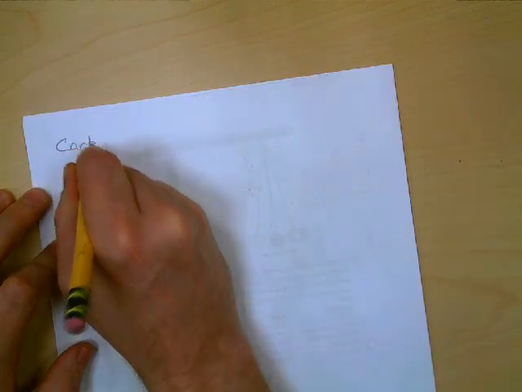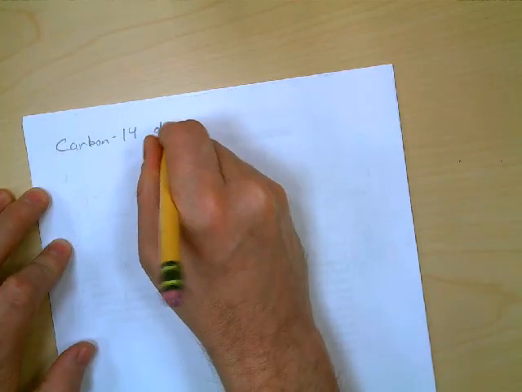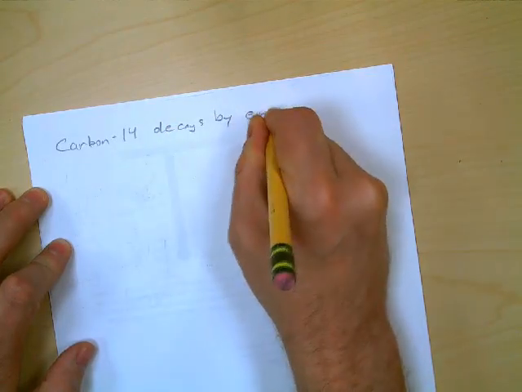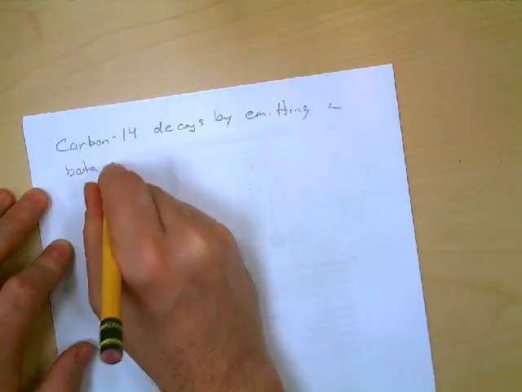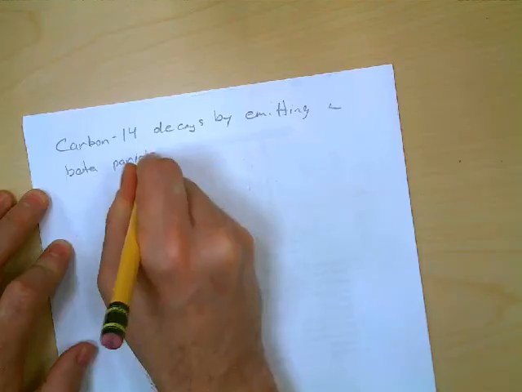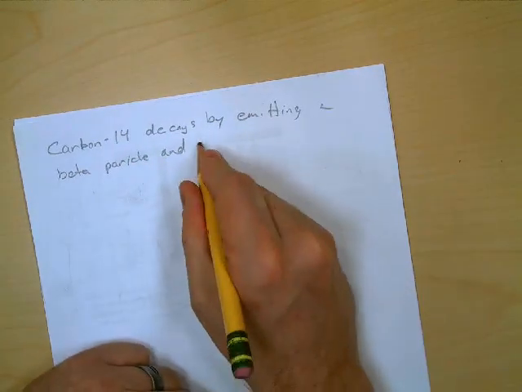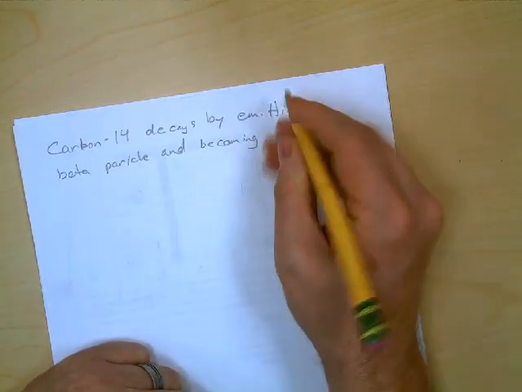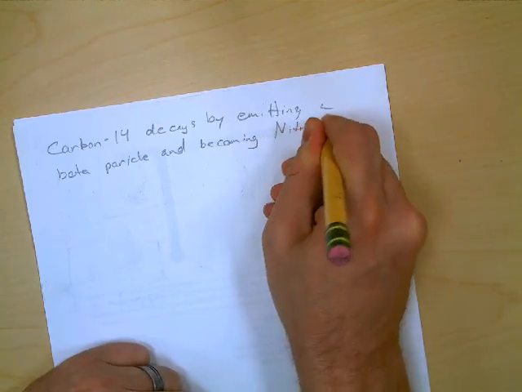Carbon 14 decays by emitting a beta particle and becoming nitrogen 14. And I think I've mentioned this in a previous video.